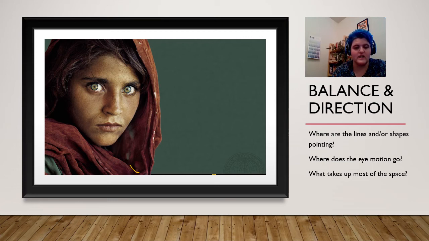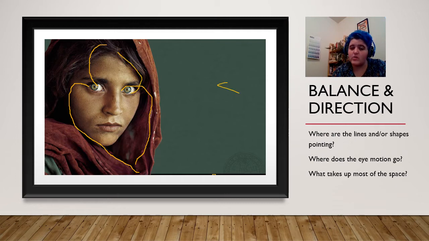So if I start here on the image, these lines here draw me up and into her face, and then I end up at her eyes. If I start here in the image, these lines bring me up and into her face, and I end up at her eyes. If I start up here in the image, her hair brings me down and onto her face, and I end up in the eyes, or here, right?